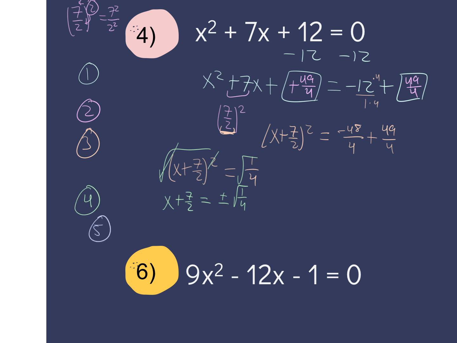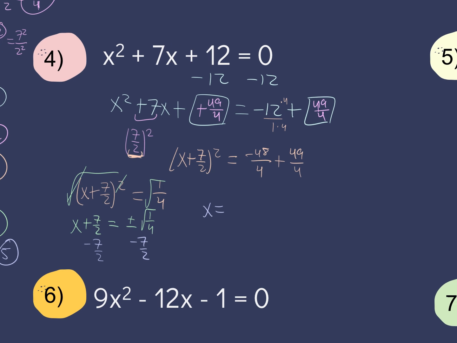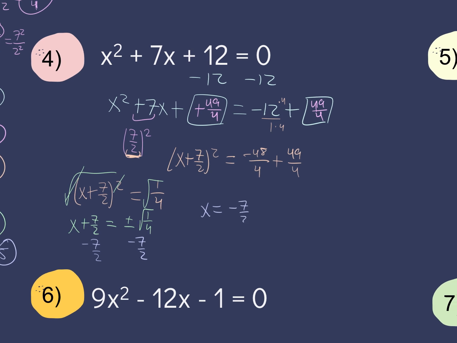And then the fifth thing you want to do is solve for x and simplify. So let's subtract 7 over 2 on both sides. And then we get x equals negative 7 over 2 plus or minus the square root of 1/4.